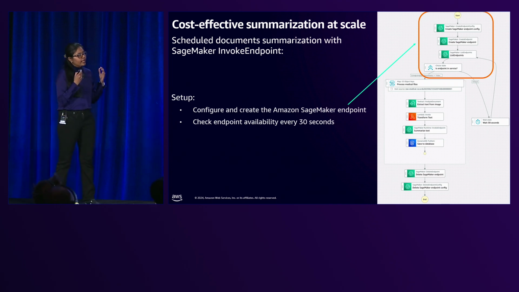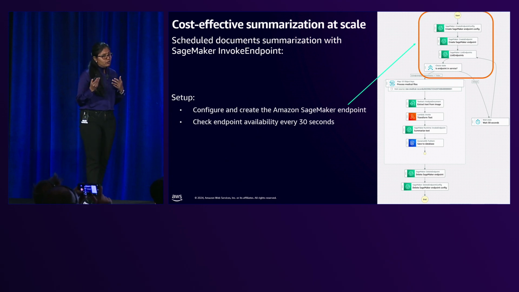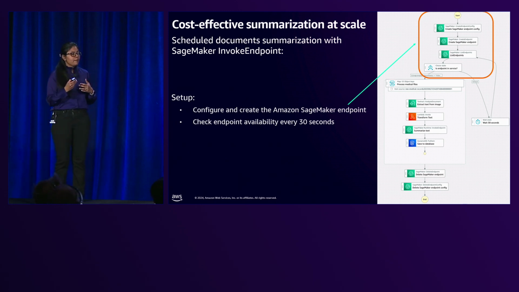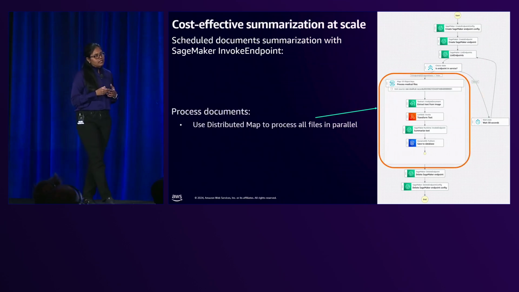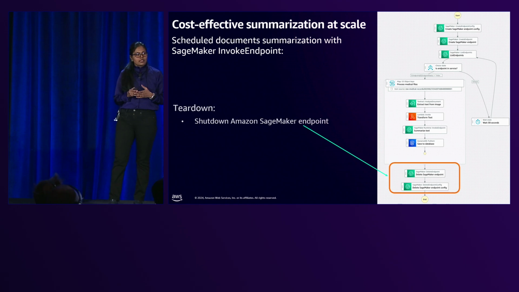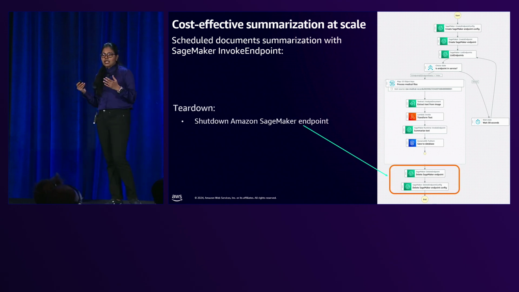Step Functions invokes the SageMaker API directly. You really don't need any compute in between. It can invoke the API, and it can also wait. So you do that pre-processing, making sure the model endpoint comes up live. Then you do the batch summarization. After the summarization is done, in the post-processing, you delete the endpoint.